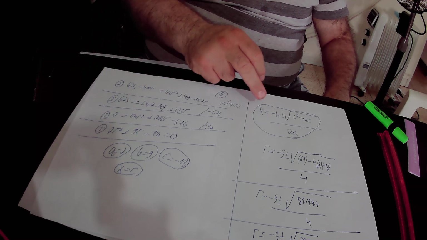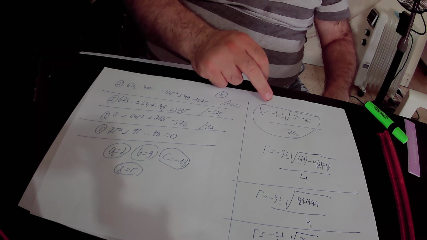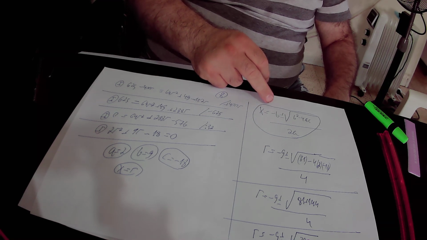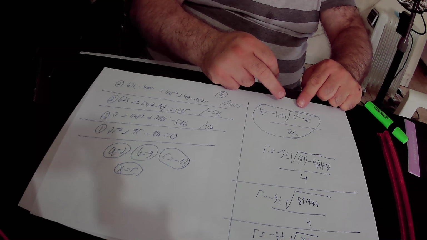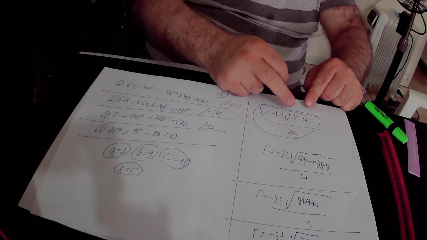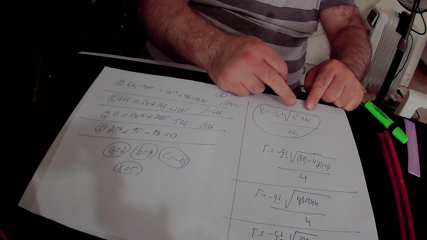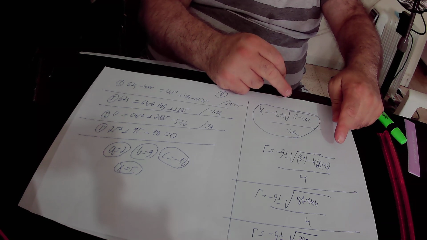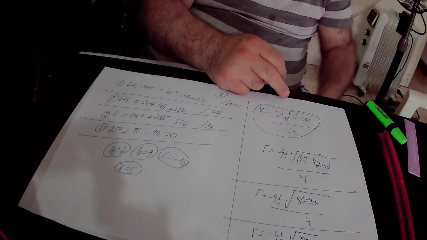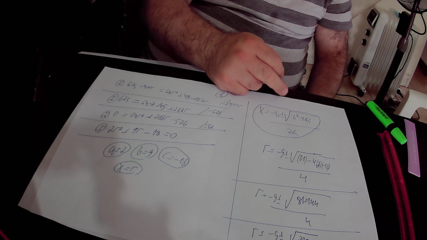So we substitute x by r, and we get that r equals minus b, where b equals 9, so minus b is minus 9, plus minus the square root of b squared. b equals 9, so b squared is 81, minus 4 times a, which is 2, times c, which is minus 18, over 2a. a equals 2, so 2 times 2 is 4.